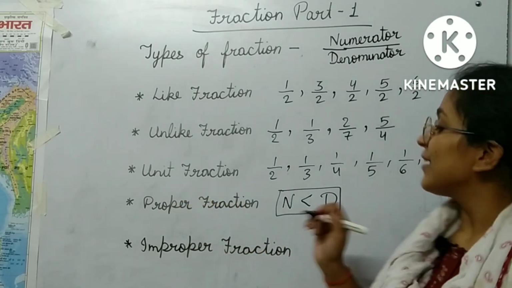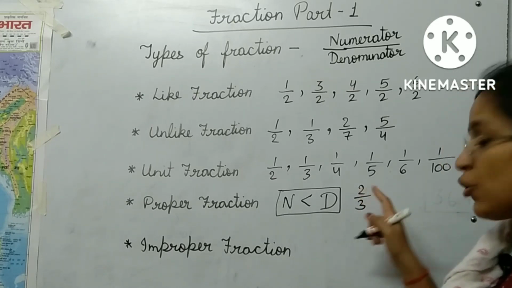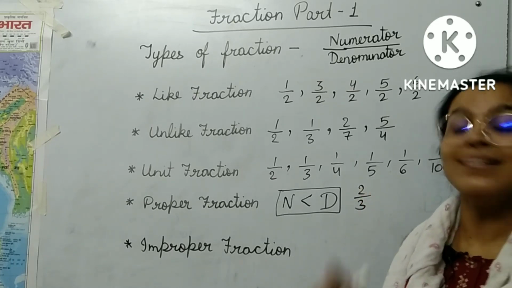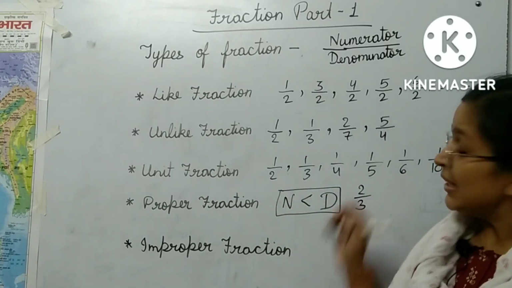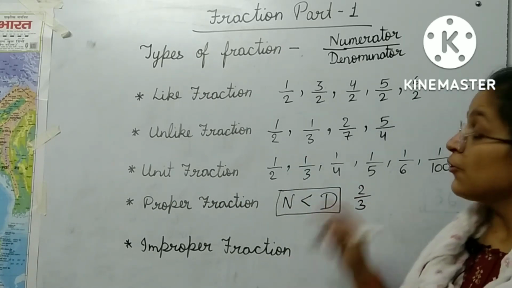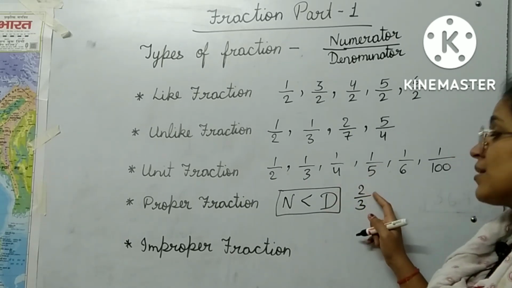Is it clear? Yes. Here you see 2 by 3. Which is greater, 2 or 3? 3 is greater. Is 3 in the denominator or numerator? 3 is in the denominator. So we can easily say this is a proper fraction because the numerator is small.